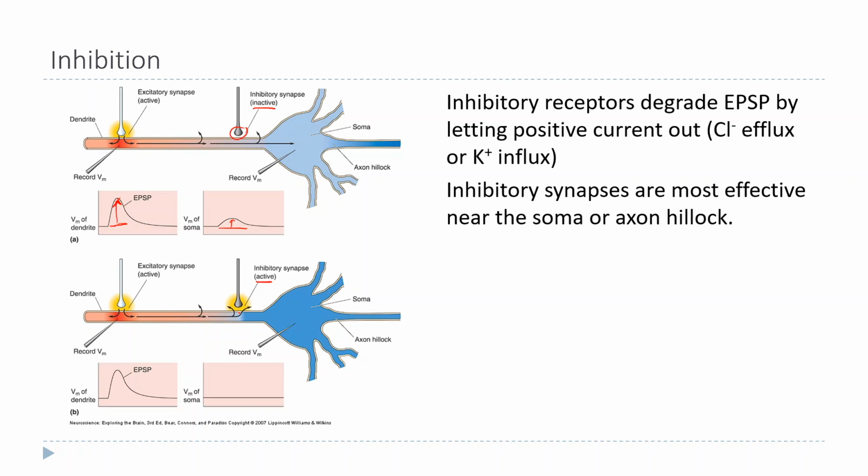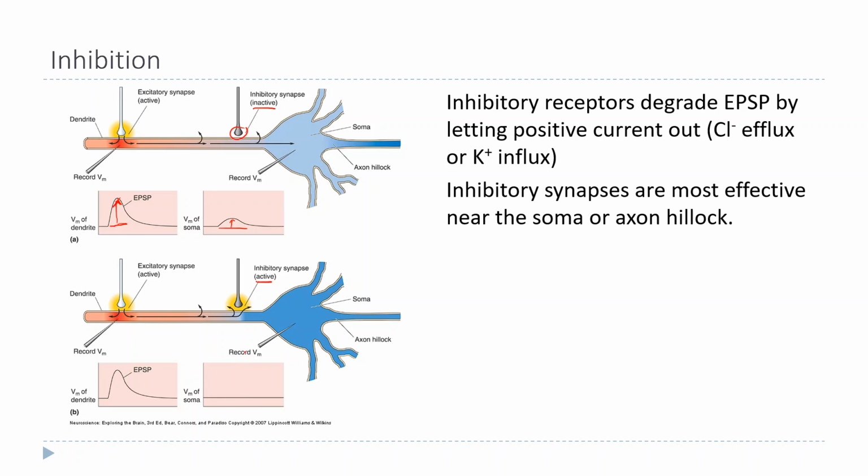It's activating inhibitory receptors, which means probably chloride channels. Chloride's coming in, and that's lowering the membrane potential. Typically for most cells, the equilibrium potential for chloride is pretty close to the resting potential, so you may not even see the membrane potential become negative.